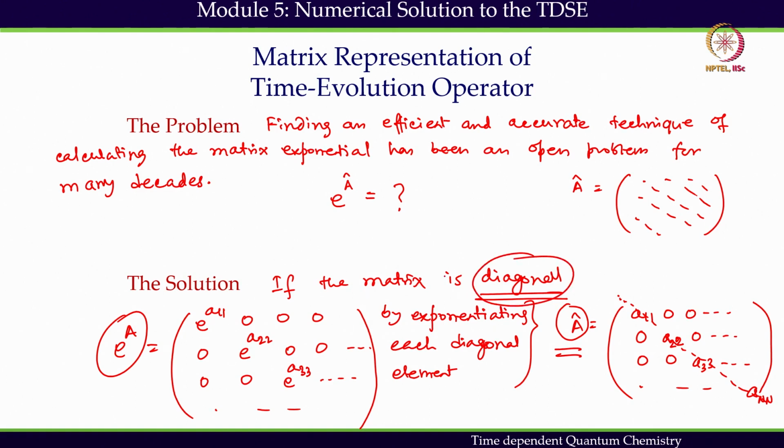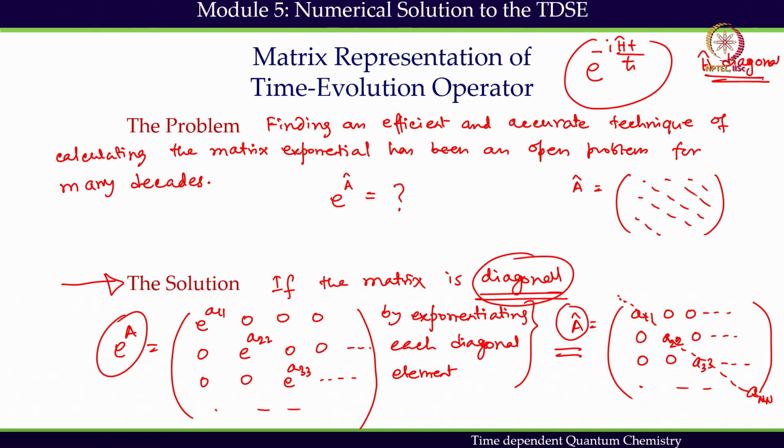So, what is our task? Our task would be, if we would like to use this trick, this simple solution, to get our unitary operator, the time evolution operator, which is the following. We have to find the matrix representation of this time evolution operator. What we need to do is convert this to a diagonal form.